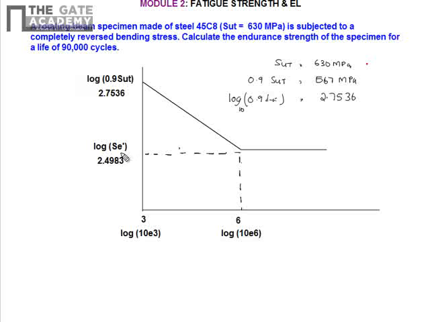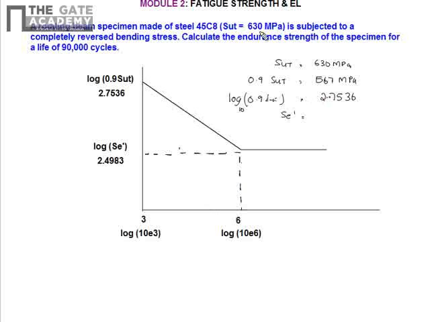And log of SC dash is given as, we have seen in the earlier module, in the first portion of this module, that SC dash is given as 0.5 times SUT when SUT is less than or equal to 1400 megapascal, and if it is greater than 1400 megapascal, it is taken as 700 MPa. Therefore here SUT is given as 630 megapascal, which is less than 1400 megapascal.